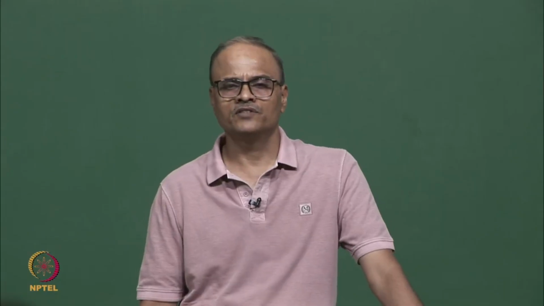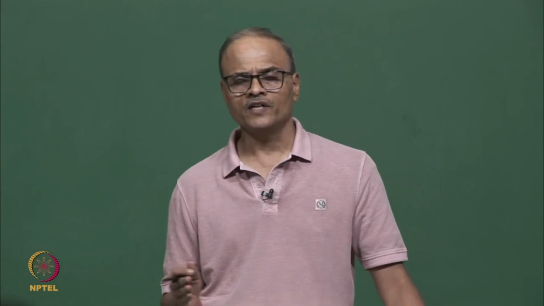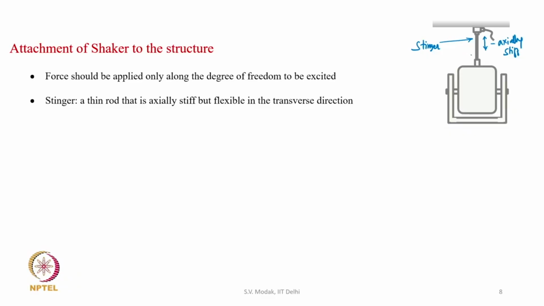But at the same time it is desired that the motion of the structure in the other directions should not be constrained in any way, and because the stinger is very flexible in the transverse direction, it offers negligible resistance to the motion of the structure along other degrees of freedom.